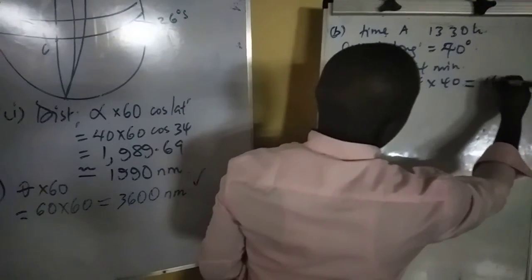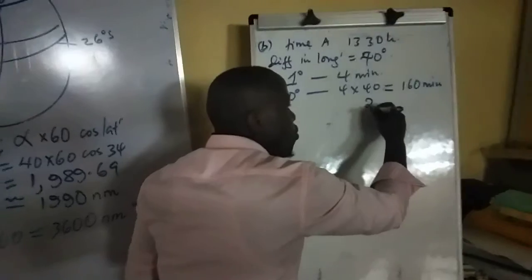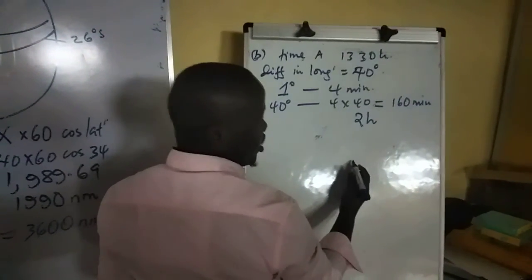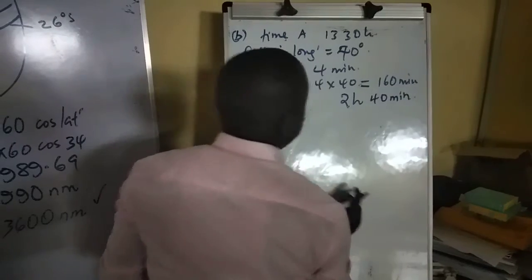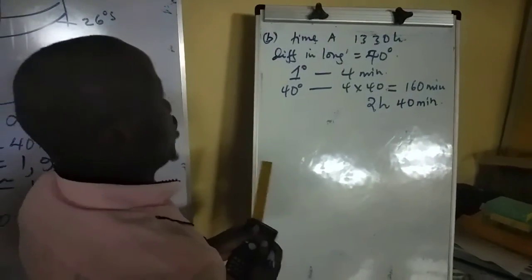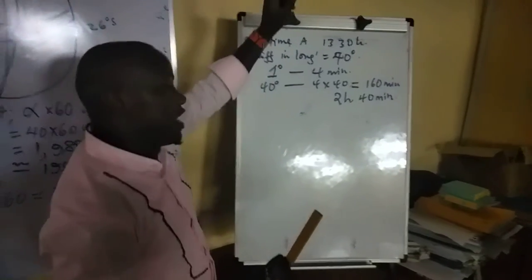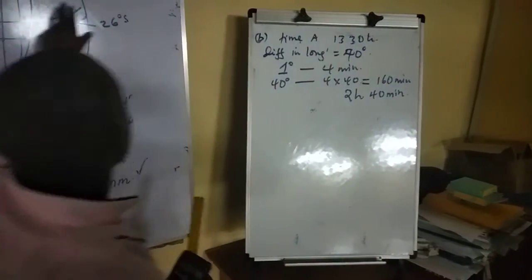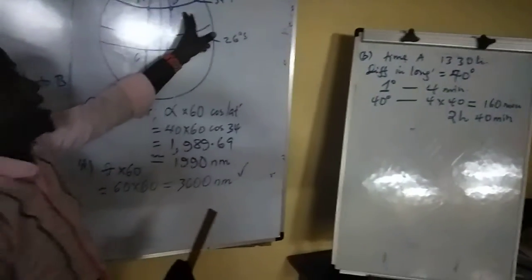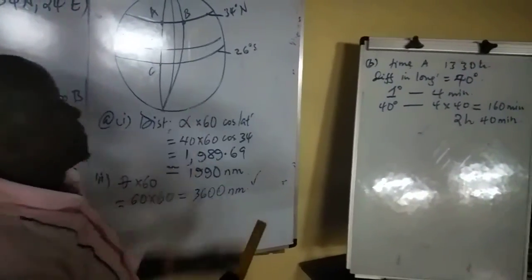This gives us 160 minutes, which is the same as 2 hours and 40 minutes. Therefore, the time difference between A and B is 2 hours 40 minutes. But we know that B is in the east of A. Because B is on the east side, the time in B is ahead by 2 hours 40 minutes.